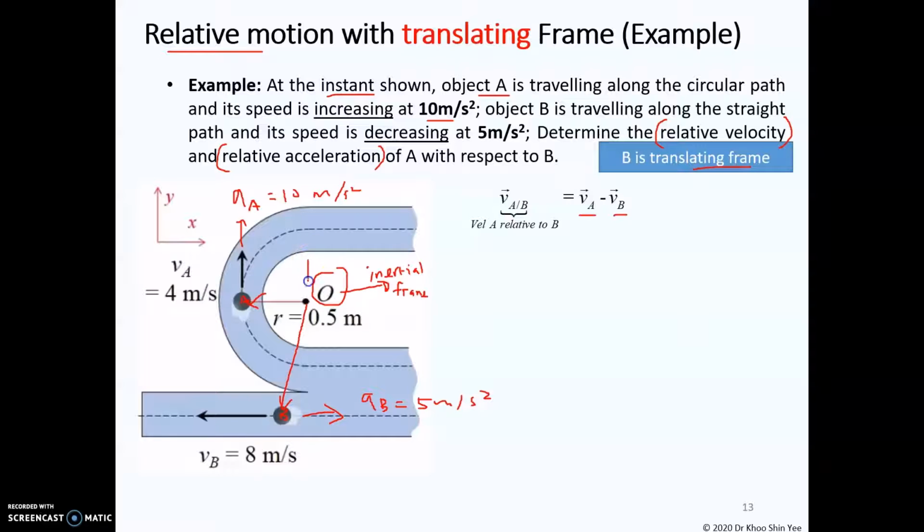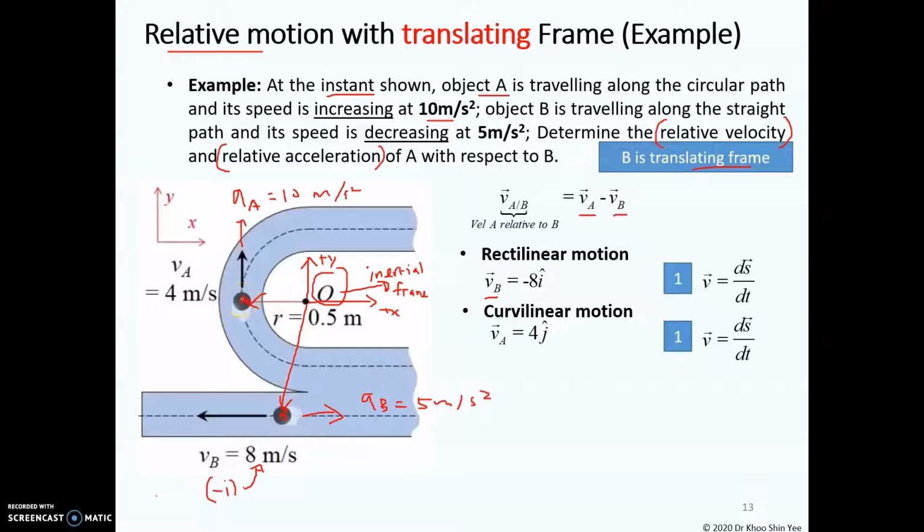In this case, we assume moving up to be the positive Y direction, and moving to the right to be the positive X direction. Since the object B is moving to the left-hand side in the negative i direction, multiply the direction with the magnitude, then you obtain the vector of VB, which is equal to negative 8i.